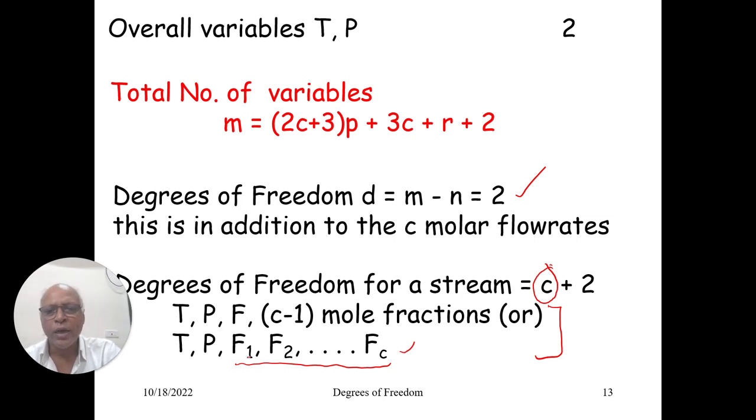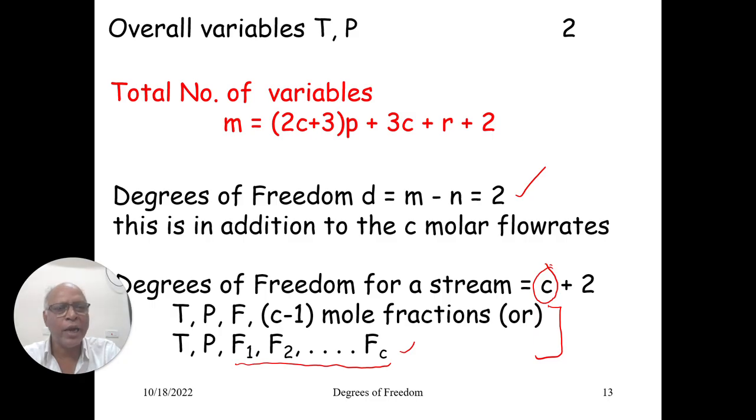We are defining individual component mole, mass or volume flow rates. That will give you an estimate of the initial masses of each and every component. Once we are able to take care of this C, remember this C cannot be anything other than the total initial masses of each and every component. So whatever details that you are providing must be able to address the total initial masses.